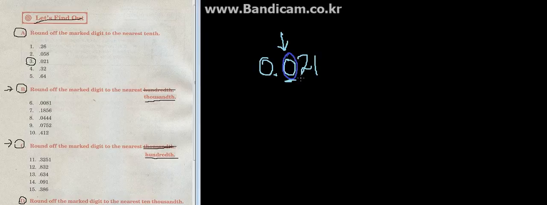Okay, so what is the number right next to, to the right of the marked digit? It's a 2. So 2 is less than 5. Therefore, it follows rule number 2. Remember, rule 2 says that any number that is less than 5, such as 0, 1, 2, 3, or 4, you have to follow rule 2.